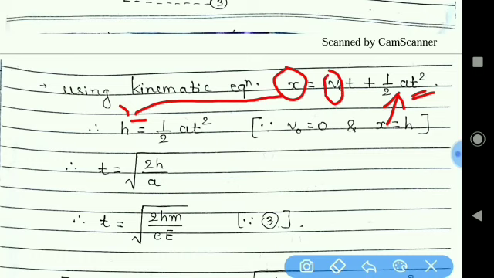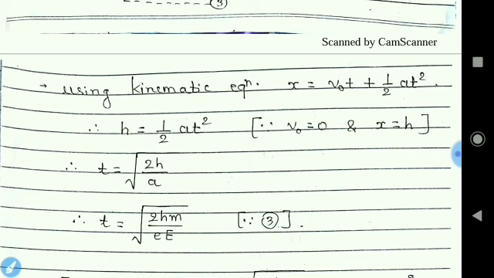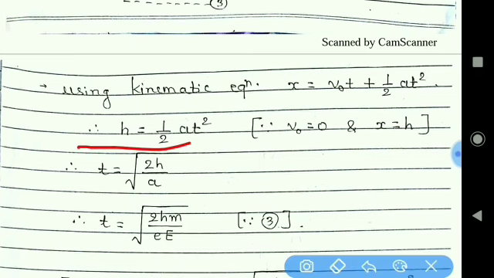Initial velocity of the particle is 0, so that term will not be there. So distance h is equal to half of at square. Now make the subject t, you will get t is equal to root of 2h by a.